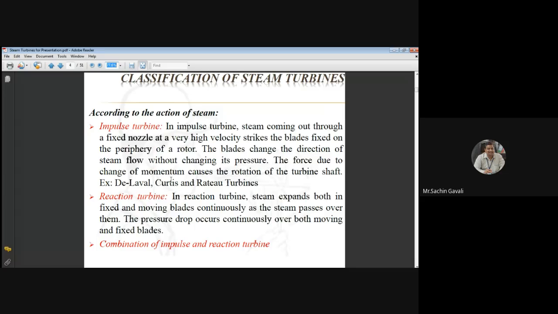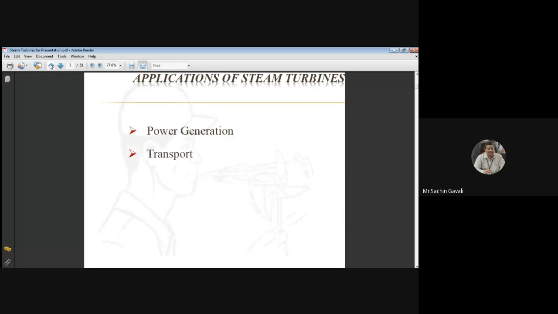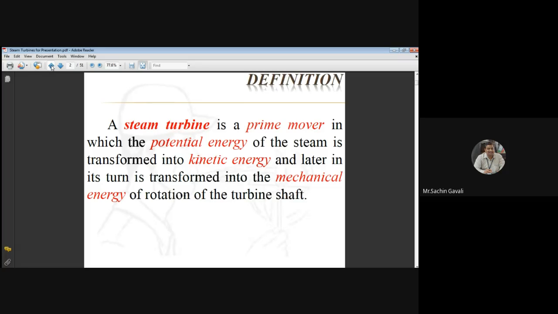So last time we started, though we know that steam turbines are used for power generation. Another purpose of steam turbine is power transport. Steam turbine we already defined.